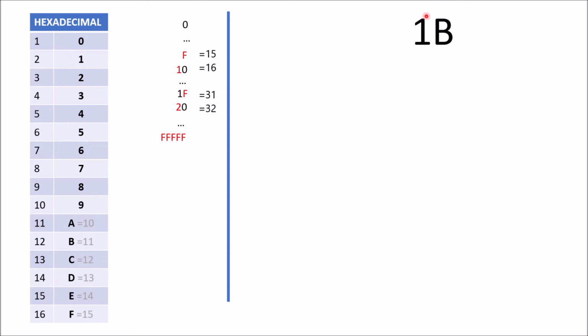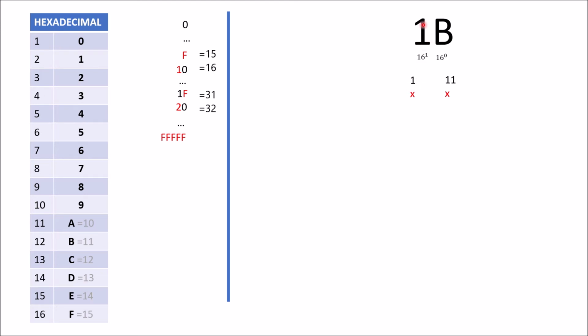Now let's take this hexadecimal expression. Since it is a base 16 numbering system, we use powers of 16. So here we're going to do the same as the other numbering systems.